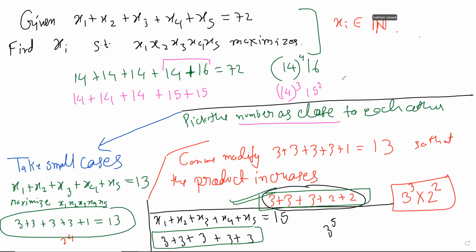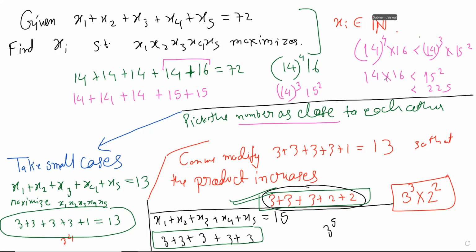And one can also check it. So the claim is, let's first check it. If it's not true, then all of this is wrong, maybe. Then it's 14 into 16 versus 15 square. So 14 into 16 is less than 15 square. And this is true, right? You can check it. This is 225.